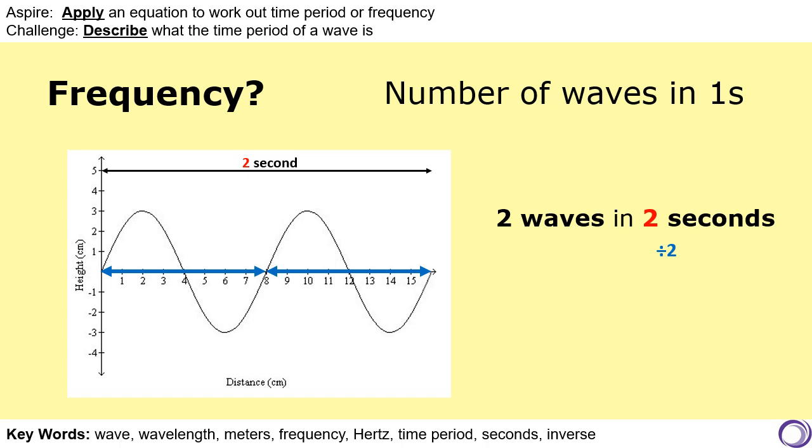But whatever we do on one side, we have to also do on the other side. So we're going to divide the 2 waves by 2. So that's going to give us 1 wave in 1 second. So now that we know that we have 1 wave in 1 second, we also know that the frequency is 1 hertz.